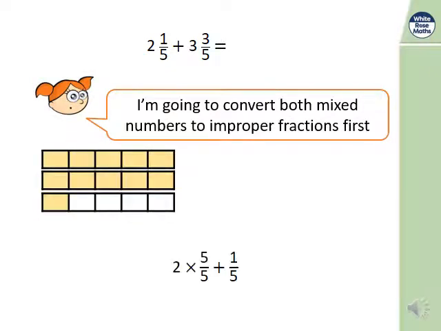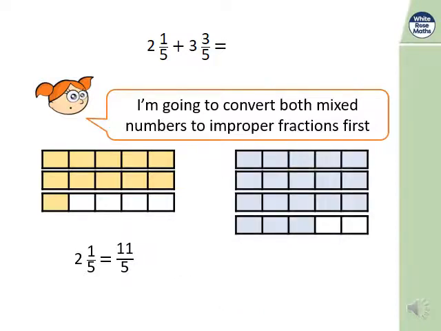So she got 2 1/5, and by doing 2 times 5/5 plus 1/5, that made 11/5. Then she got her 3 3/5. She converted that to an improper fraction by doing 3 times 5/5 plus 3/5, which gave her 18/5. So we have done that skill before.